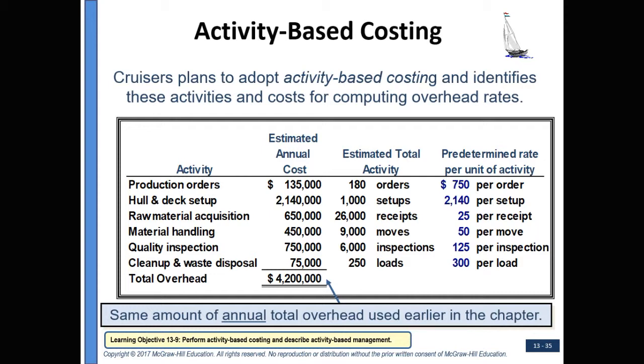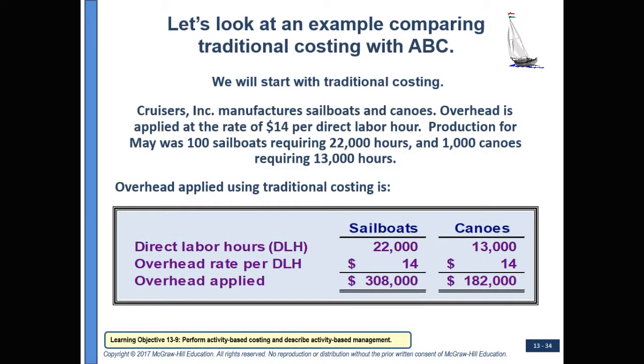So there's the same amount of total overhead that needs to be allocated. However, we're going to allocate it differently based off numerous drivers, different things that occur in the production of the items, versus the static direct labor hour predetermined overhead rate of $14.